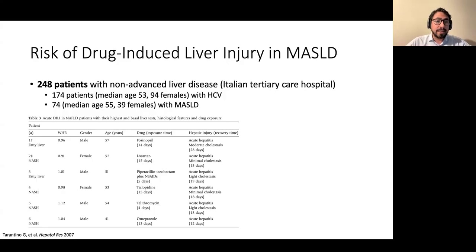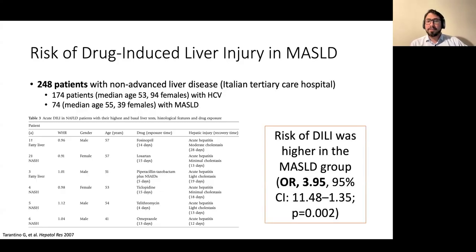For example, in this study, including 248 patients from Italy with no advanced liver disease, they compared a group of people with hepatitis C with another with MASLD. And they identified a higher risk of drug-induced liver injury in the MASLD group.